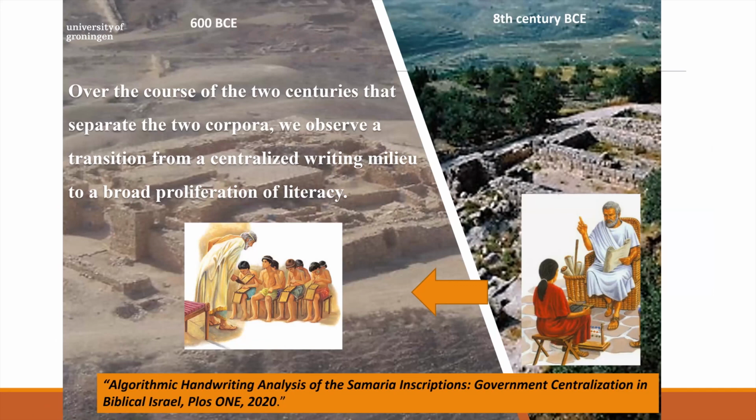Now we can compare the situation in Samaria to Arad, where in Samaria we had only 2 writers sitting in the capital of the city. And in the Arad case, we have multiple writers located all over the area around Arad.